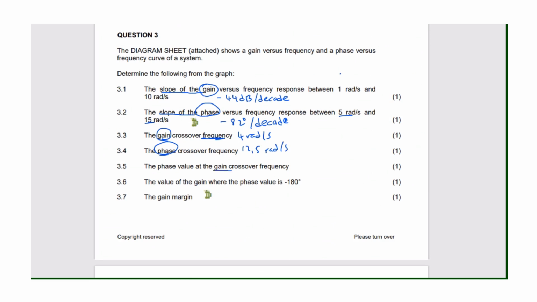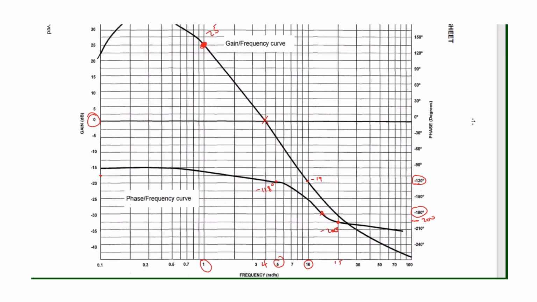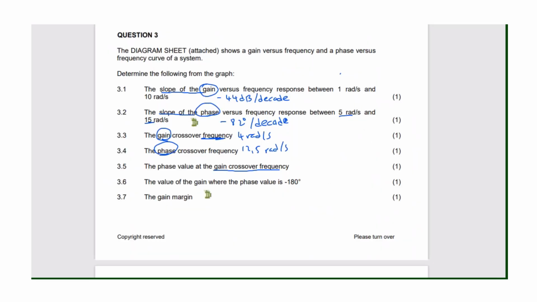The phase value at the gain crossover frequency. You see, guys, they are not saying phase margin. They just want to know when gain is 0, what is the phase. They just want that theta we are talking about. Remember, when gain is 0, which is here, go down with it. Phase is this line. Remember that minus 118. That's what they want.